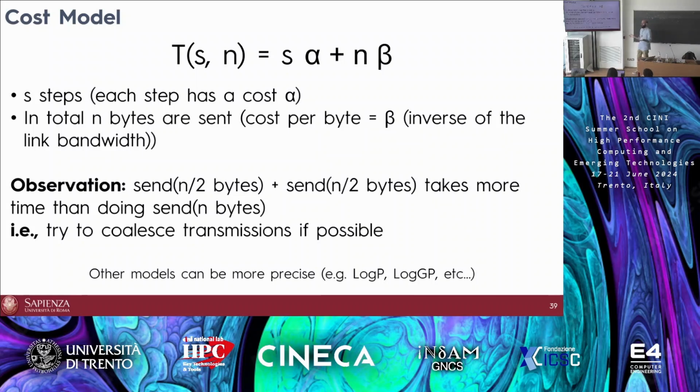Which one should you use? It's a matter of what you need them for, and it's also a philosophical question. Some people say that models must be very generic, and others try to model every single overhead in the system. I personally like alpha beta because it's quite easy and usually good enough for what I need it for. But that might not be the case for you, so just be aware.